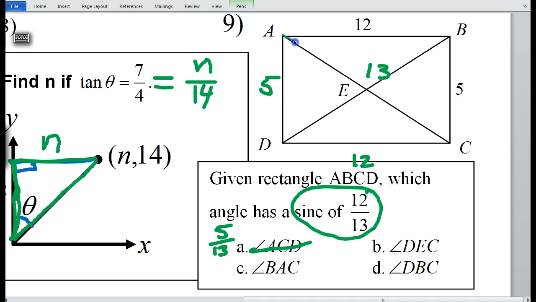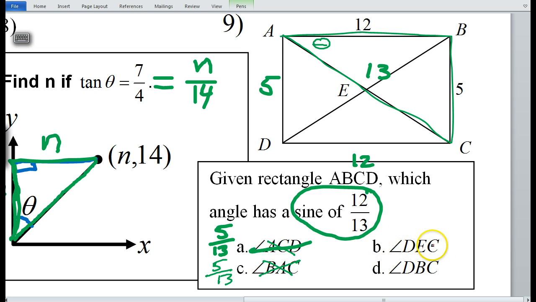BAC would just be this triangle up here, yes? But again, the sine would be opposite over hypotenuse. Again, that would be 5 over 13. Alright? So that's not the answer either. So we're down to the last two.